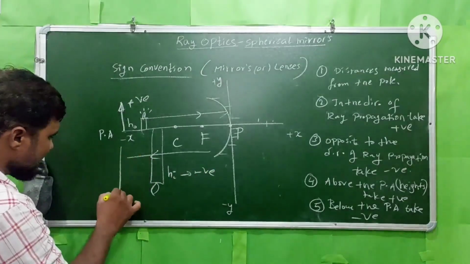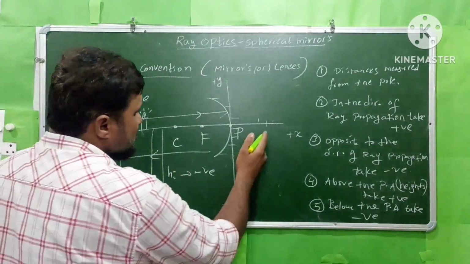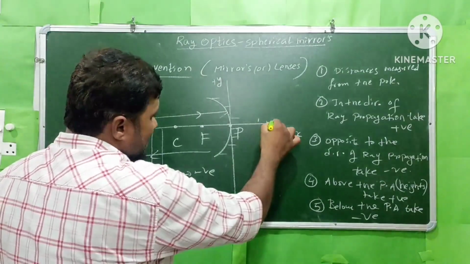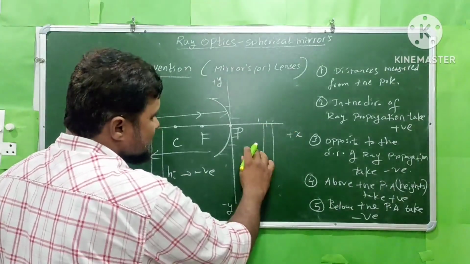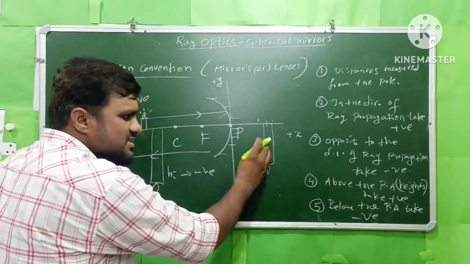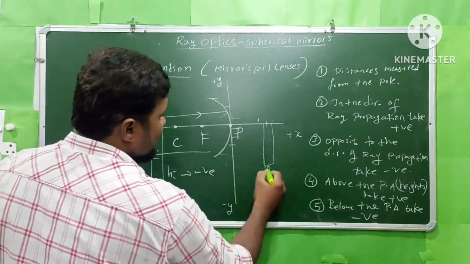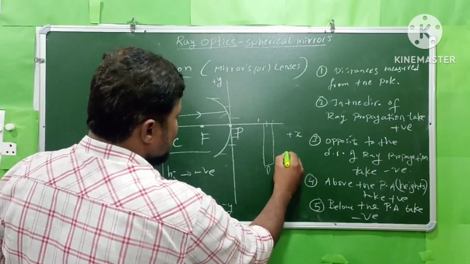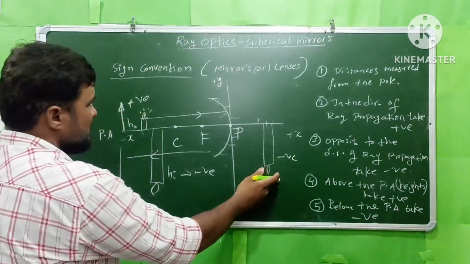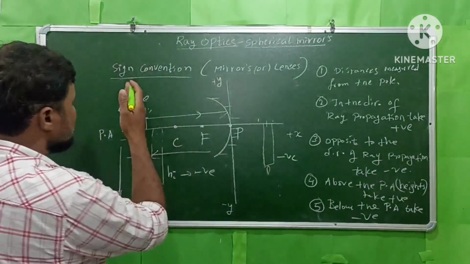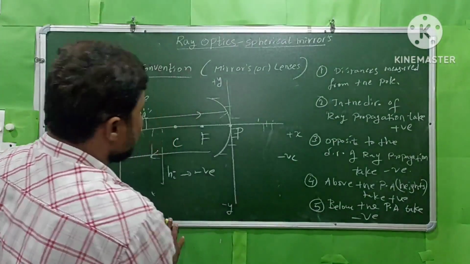So below the principal axis heights are negative. Suppose I got the inverted image like this. In case of lenses, we will observe this kind of nature. Here height is considered to be negative. So above the principal axis positive, below the principal axis negative.